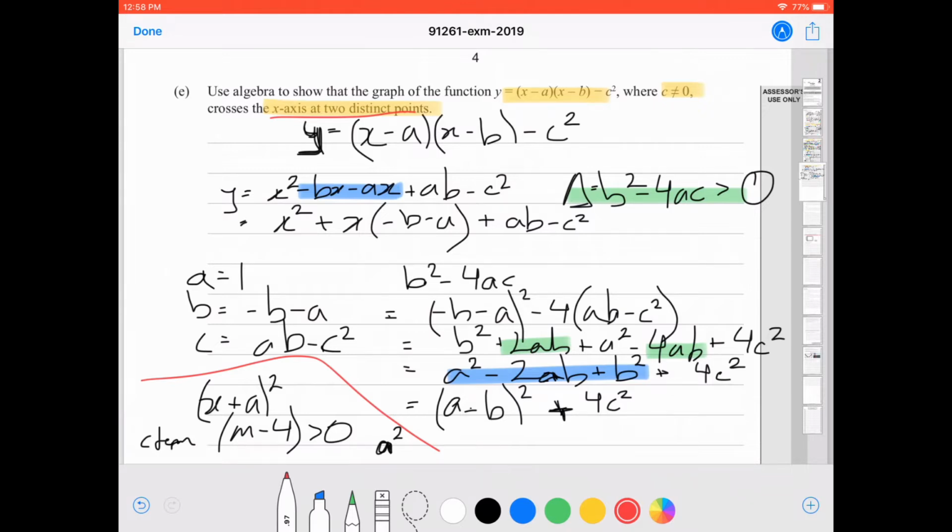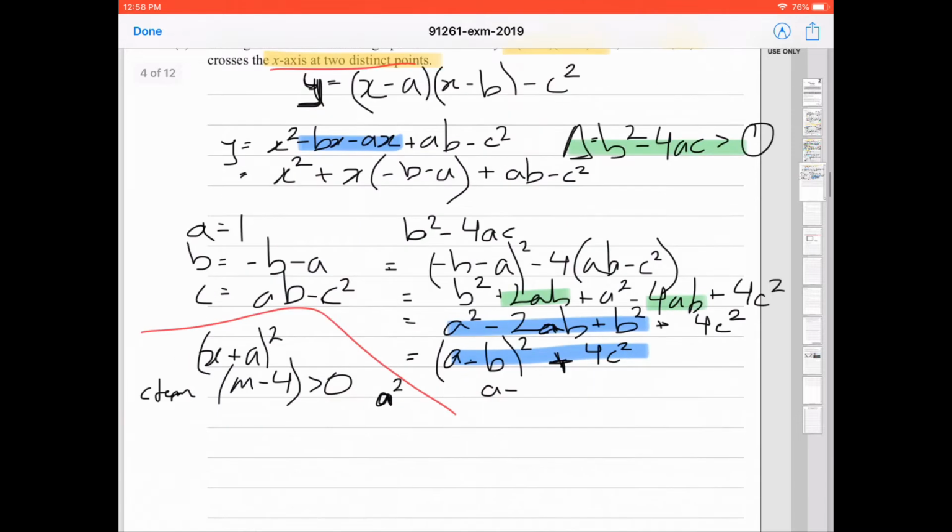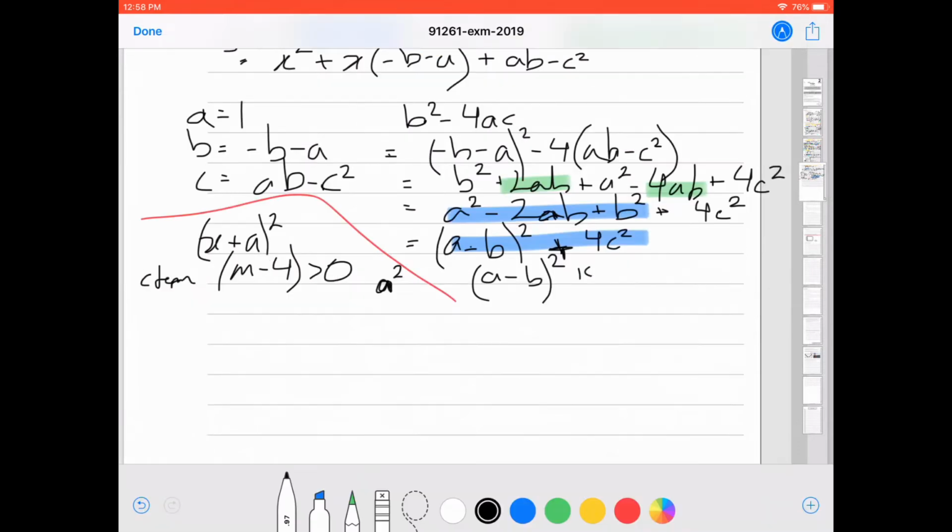And so looking at our expression, a minus b all squared plus 4c squared, well, we know a minus b all squared is positive because it's a square number. And likewise, 4c squared, well, c squared is going to be positive, and you multiply it by 4, it's still going to be positive, so this is also positive.